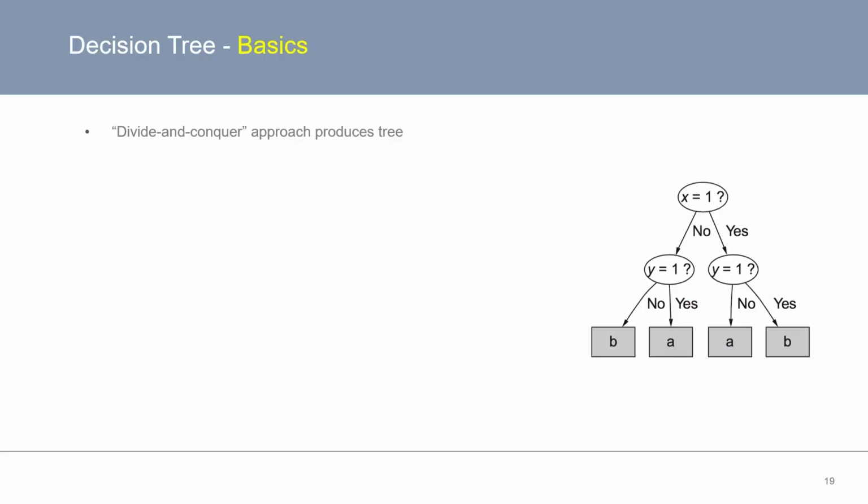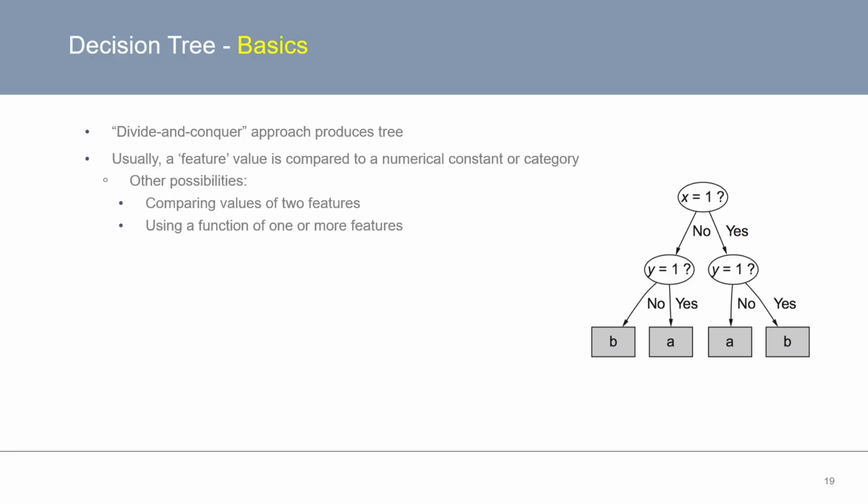Decision trees take a divide and conquer approach to the training or use of the tree in decision making. To progress down the tree towards a decision, a feature value is typically compared to a numerical constant or category value. For example, in this illustration, does x equal 1? However, there are other less common possibilities, including comparing the values of 2 different features or using a function of 1 or more features.